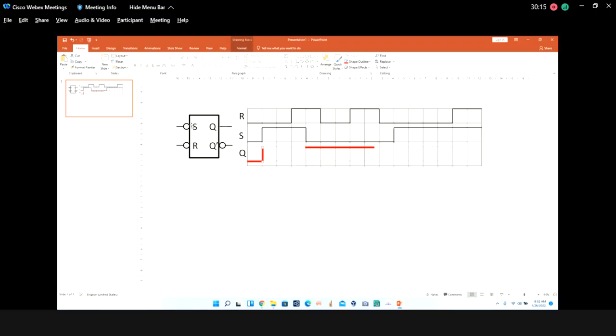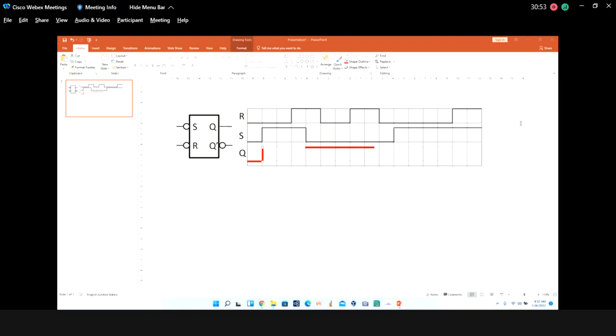This one, the circle one, indicates what? If you remember yesterday, what does the circle one represent? It is active low. Okay? Active low. So try to answer in 5 minutes.